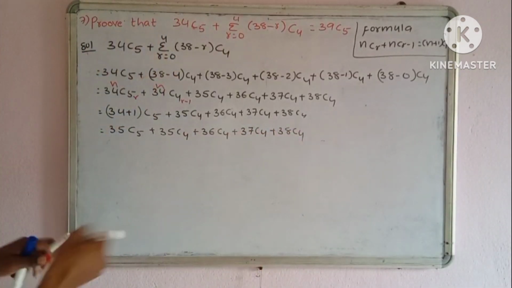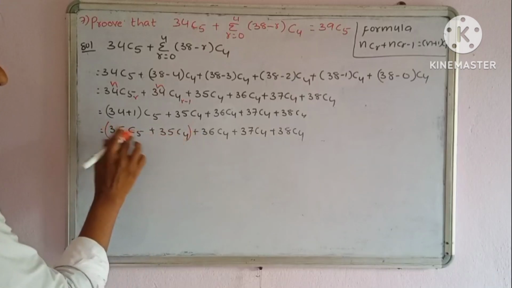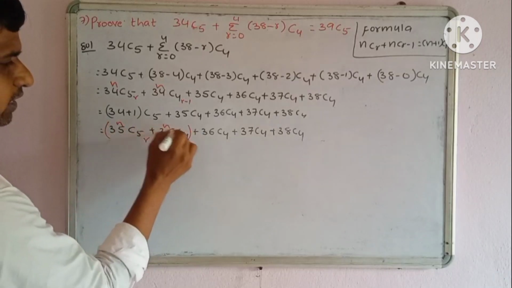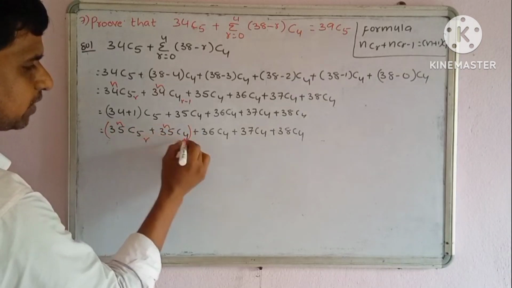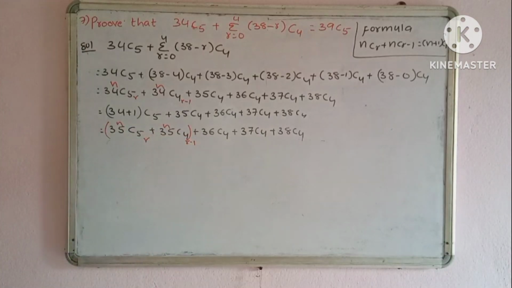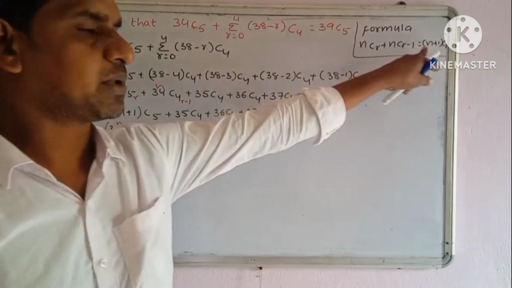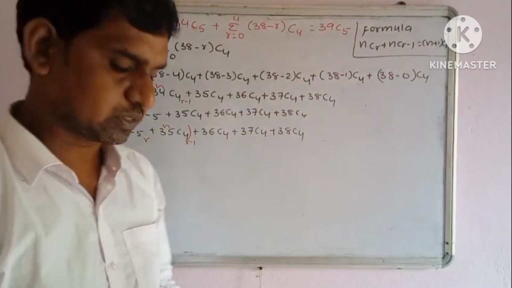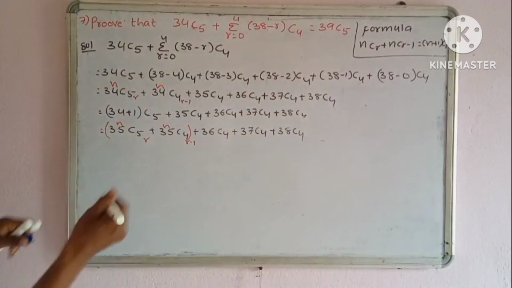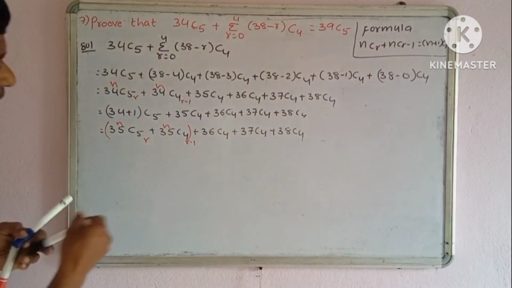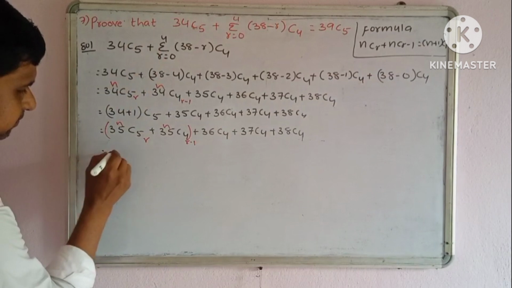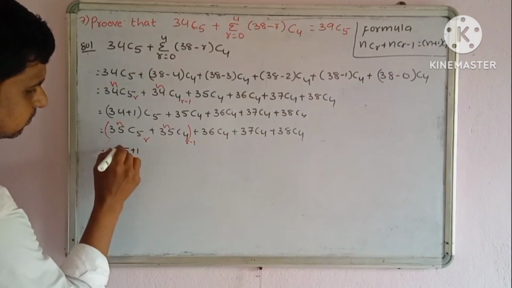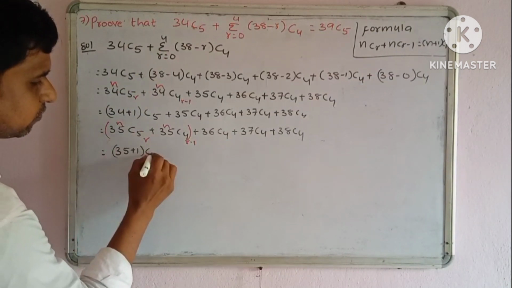Now observe these two terms. nCr, nC5 minus 1, 5 minus 1 is 4, nCr minus 1. So again, nCr plus nCr minus 1 equals n plus 1 Cr. So this is 35 plus 1 C r, with r value 5.